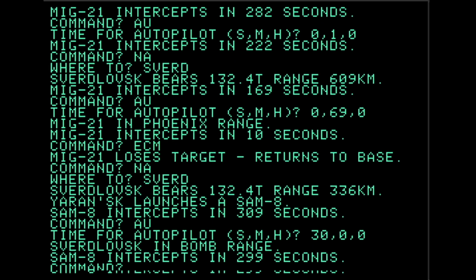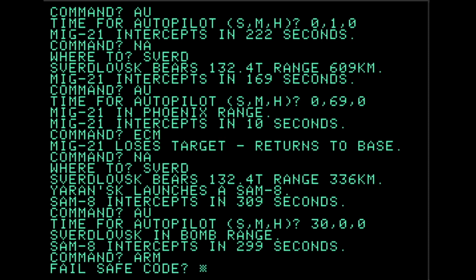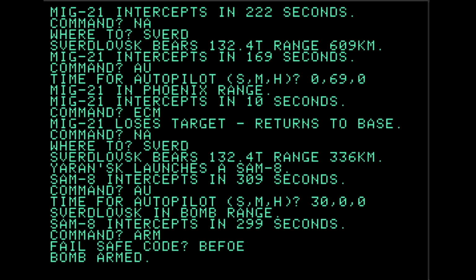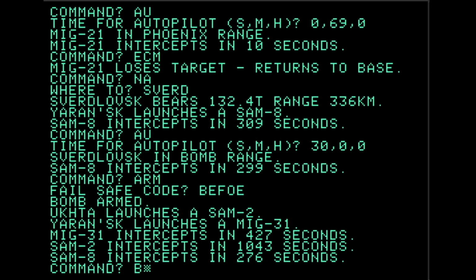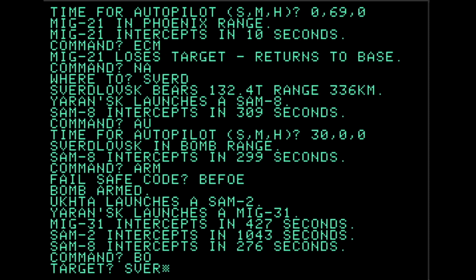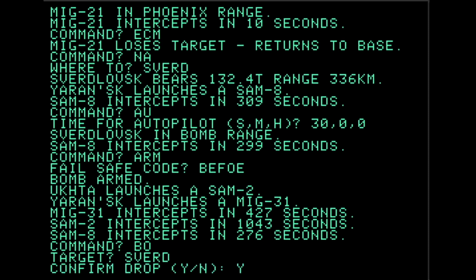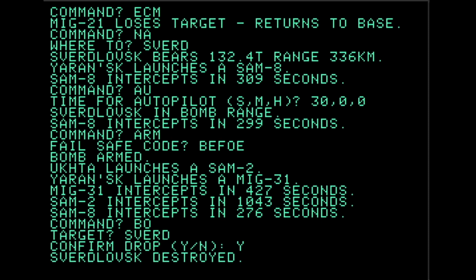Okay, we're going to bomb. Now first we have to arm with the failsafe code that I very carefully wrote down. And now they all start shooting at me. Good.